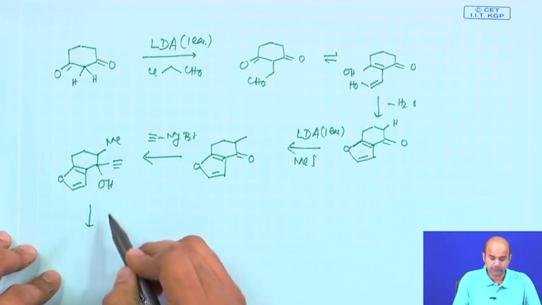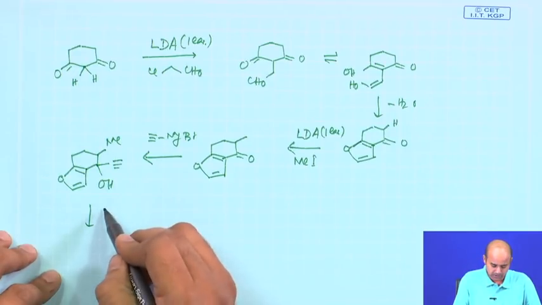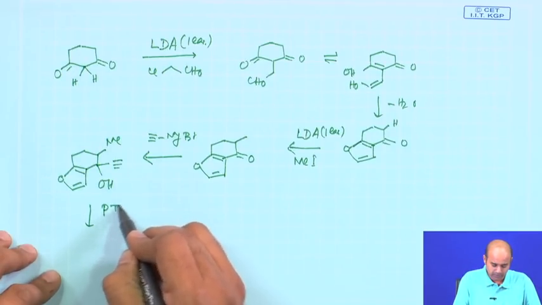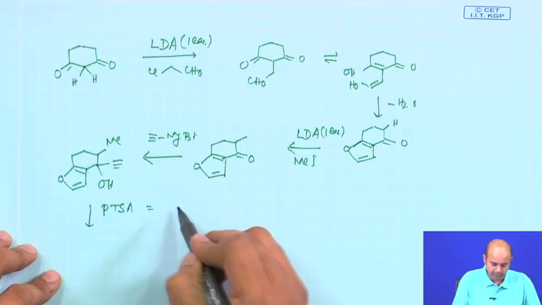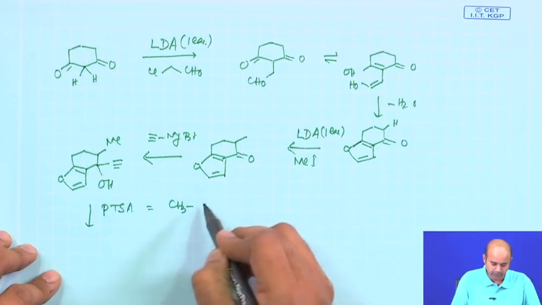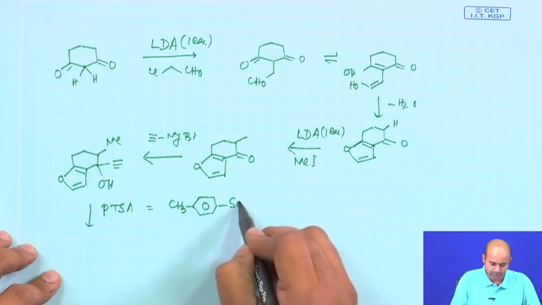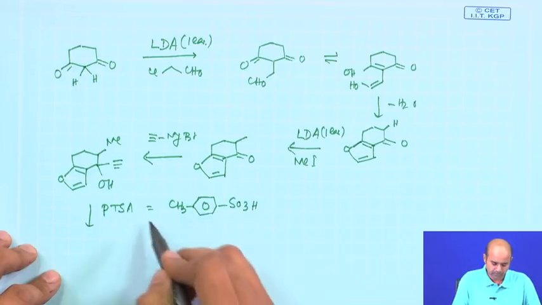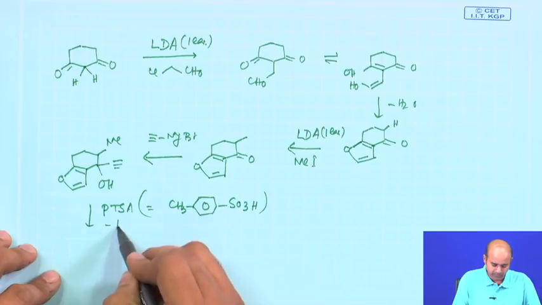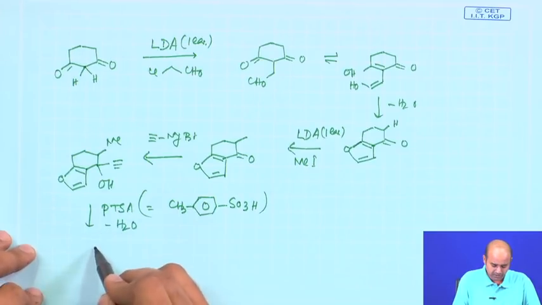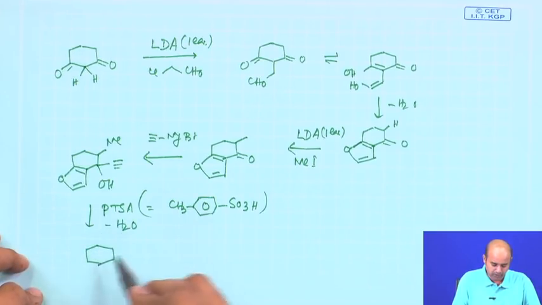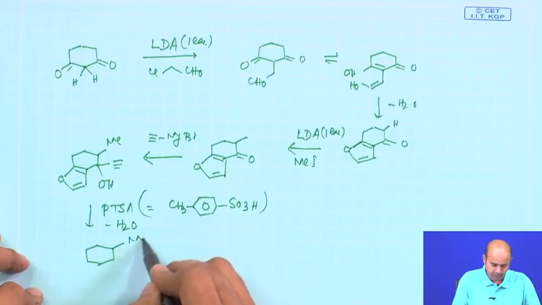Next we said you just do a dehydration reaction by treating this compound with PTSA. What is PTSA? PTSA is para-toluene sulfonic acid, which is a dehydrating agent, and then you will undergo 1,2 elimination, which will lead you to the target molecule.